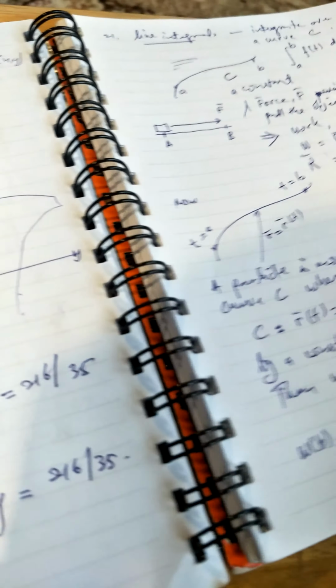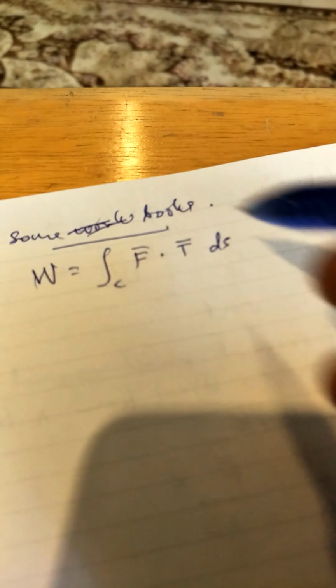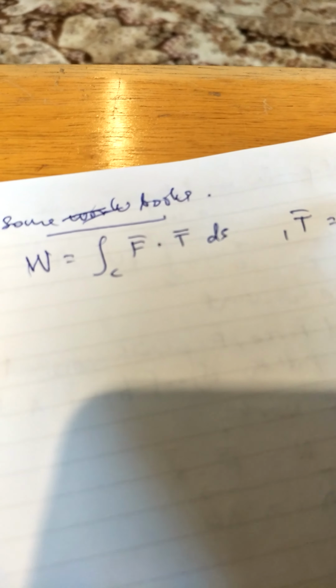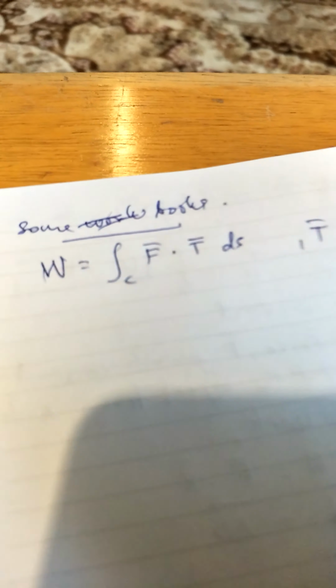And in some books, you can find a slightly different definition, but it still gives the same meaning. In some books, W is set as the integral along C of F dot T ds, and we know that T is R prime over magnitude of R prime.